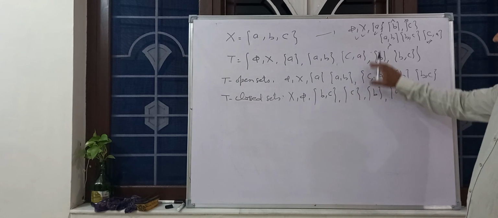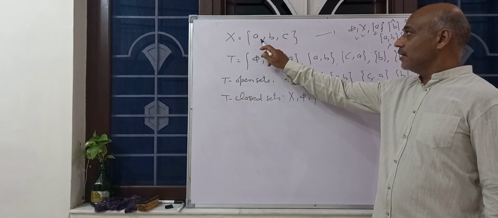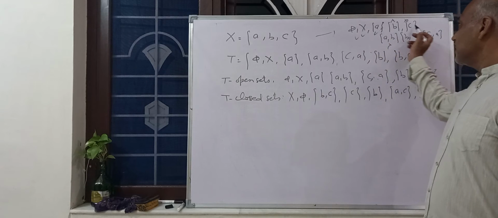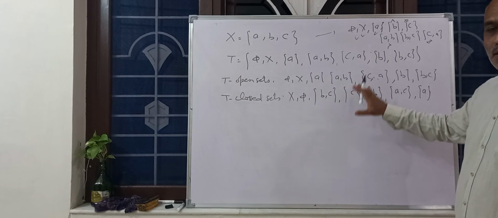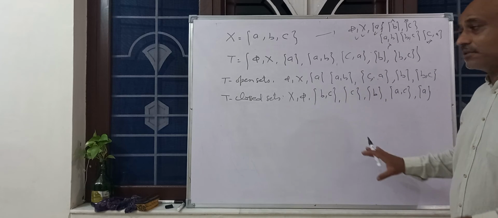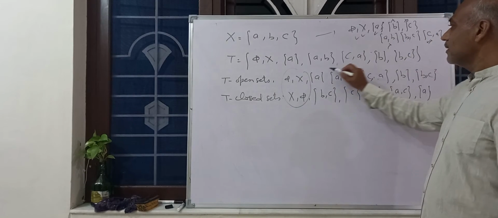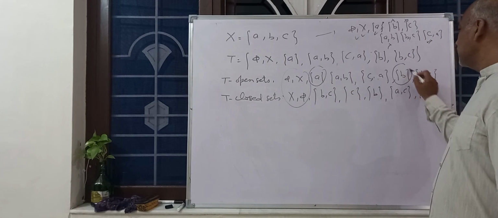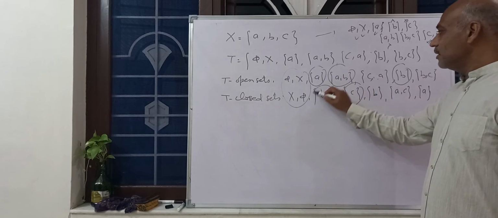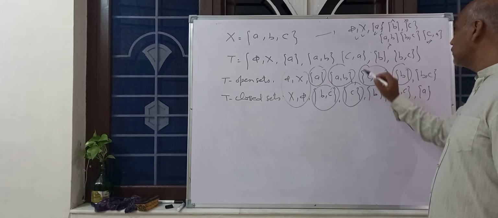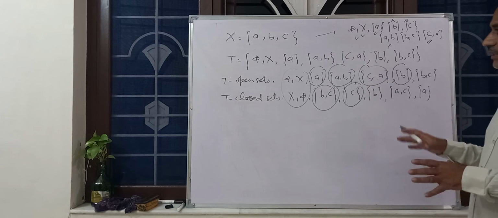So now we check all subsets of X: phi, X, A, B, C, AB, BC, CA. We check whether all subsets are coming here or not. Phi, X is this one; A, B, C, AB, BC, CA are coming.